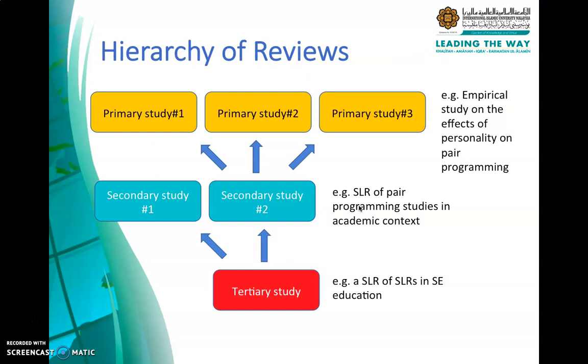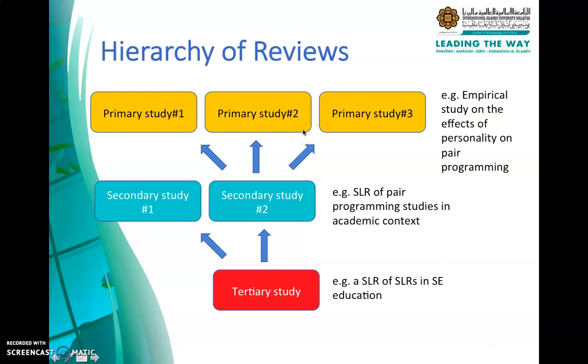If you look at this hierarchy of reviews, the empirical studies that we have seen last time, if you can recall, the survey study, the case studies, and so on. Any empirical study, or any study that has been conducted, is what we call a primary study.